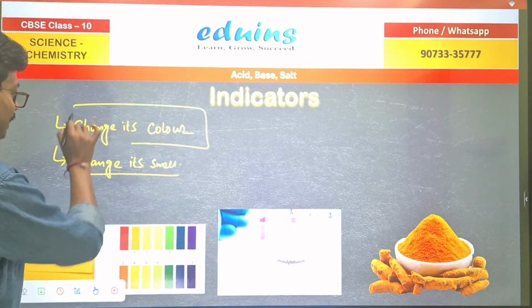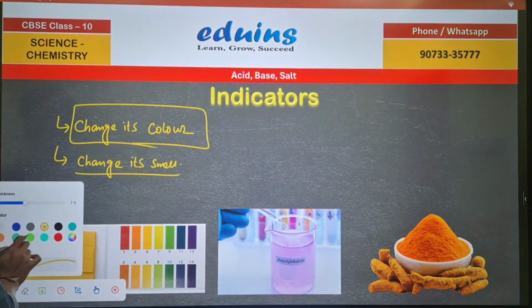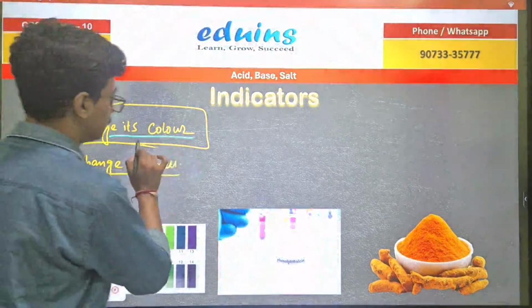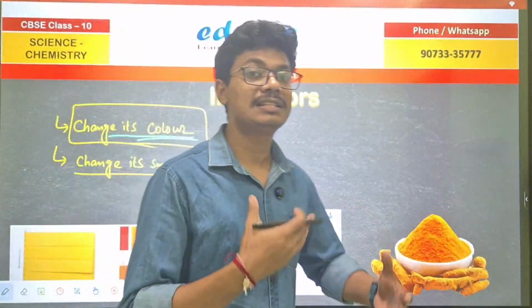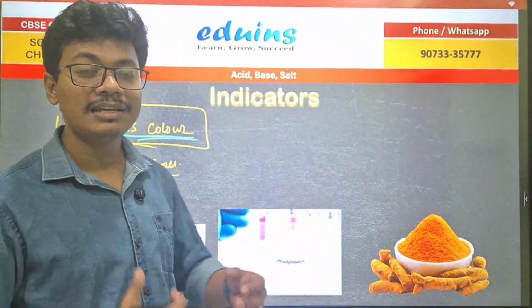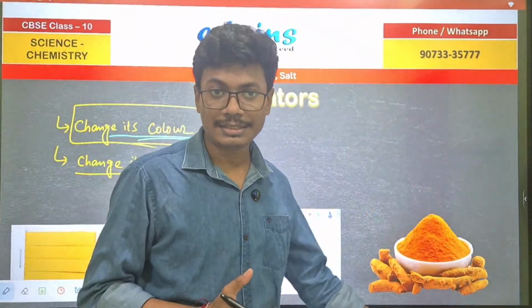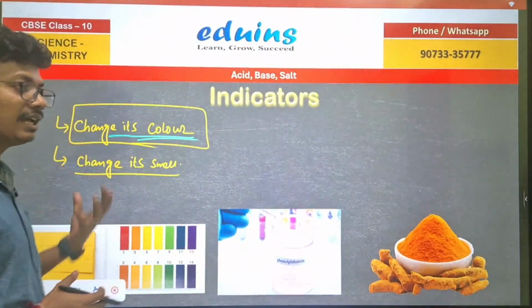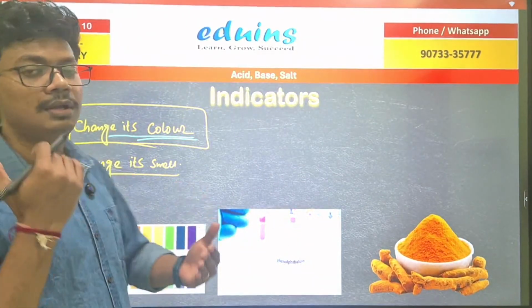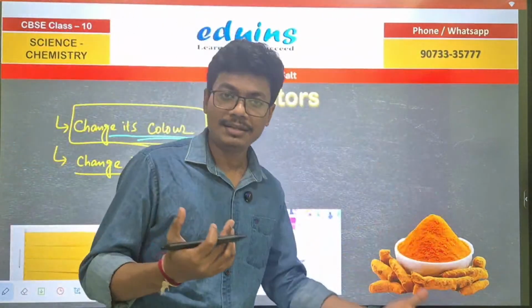We have already learned about the changing of color. Turmeric changes its color in basic medium from yellow to red. Phenolphthalein changes its color in basic medium from colorless to pink.